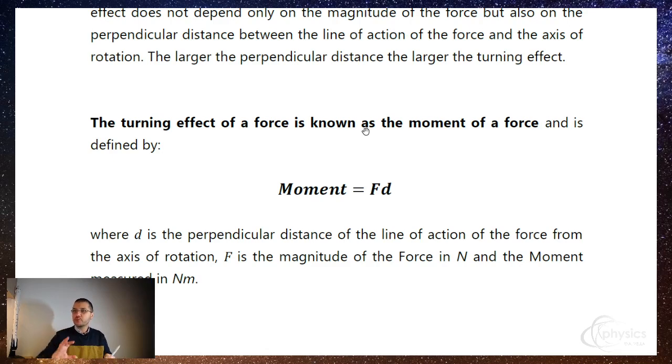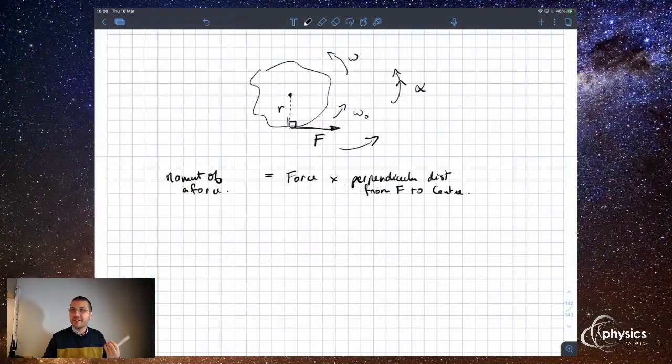So, when a force provokes a turning effect, in other words, an angular acceleration, that is called a moment of a force. Alright? So we don't need a resultant. A resultant force is not enough in this case. In this case, what we need is a turning effect, therefore a moment of a force.